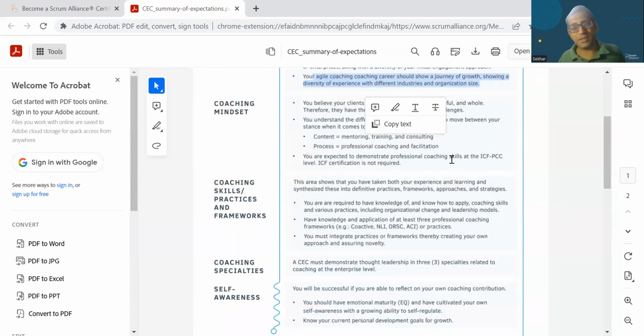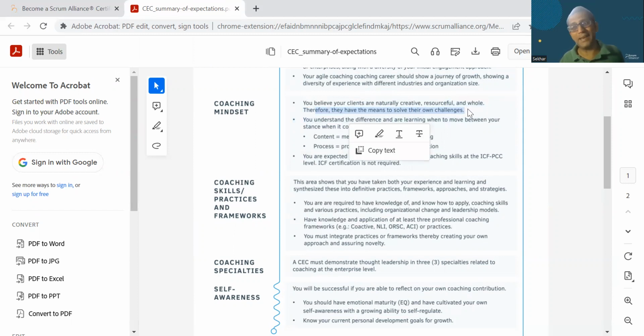And coaching mindset. This is something which is so important for us. You believe clients are naturally creative, so you don't have to preach to them, and they are resourceful and whole. Therefore, they have their own means of solving their own challenges.